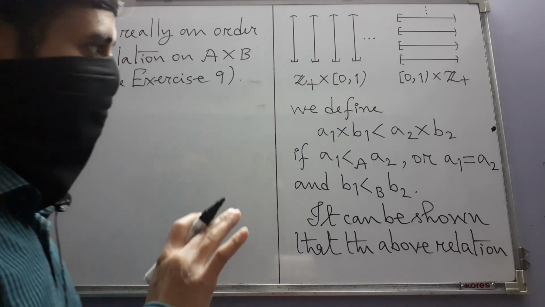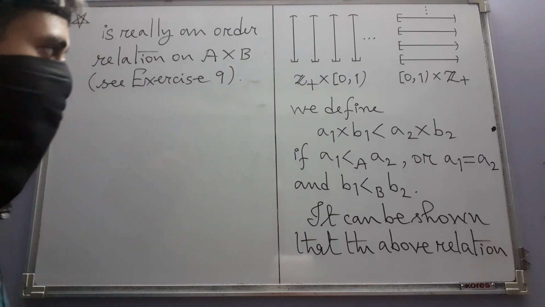Right now, let's assume that it is an ordered relation, and let's see some examples.